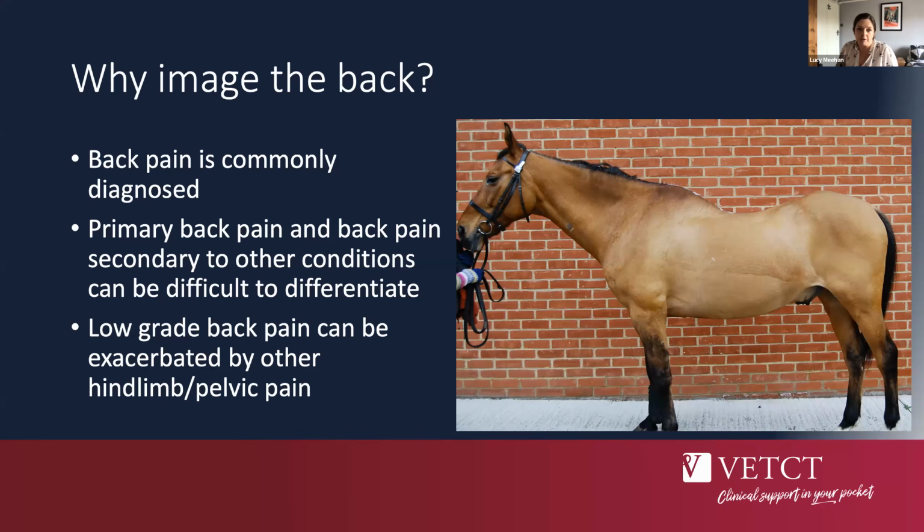These can all contribute to causing tension or palpable pain in the epaxial musculature of the back. So it's very important to remember these things, and also to remember that any low-grade back pains can be exacerbated by other problems. So it's really important when we're thinking about back pain that we don't just look at the back in isolation, and we think about the horse as a whole.